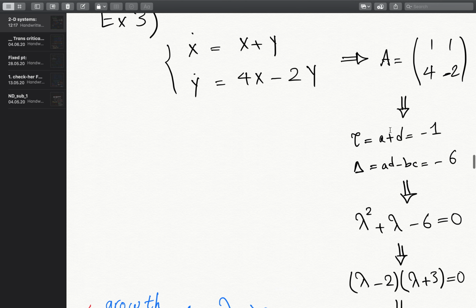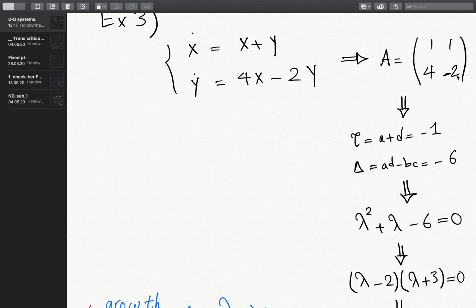Therefore the trace of my matrix is a plus d, which is equal to minus 1, and the determinant, which is AD minus BC, is equal to minus 6, right?